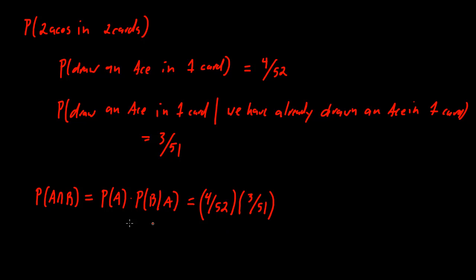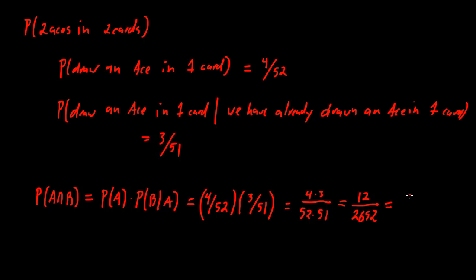So it's the two tops multiplied together, 4 times 3, over the two bottoms, 52 times 51, which is equal to 12 divided by 2,652.